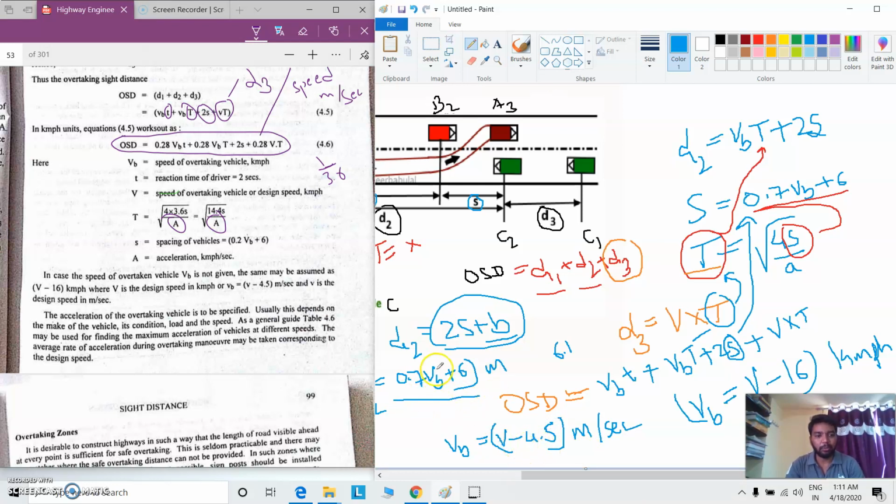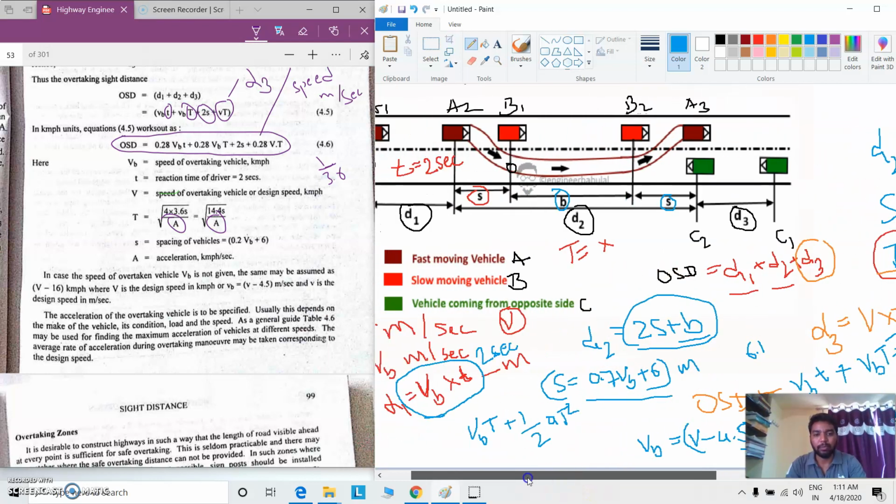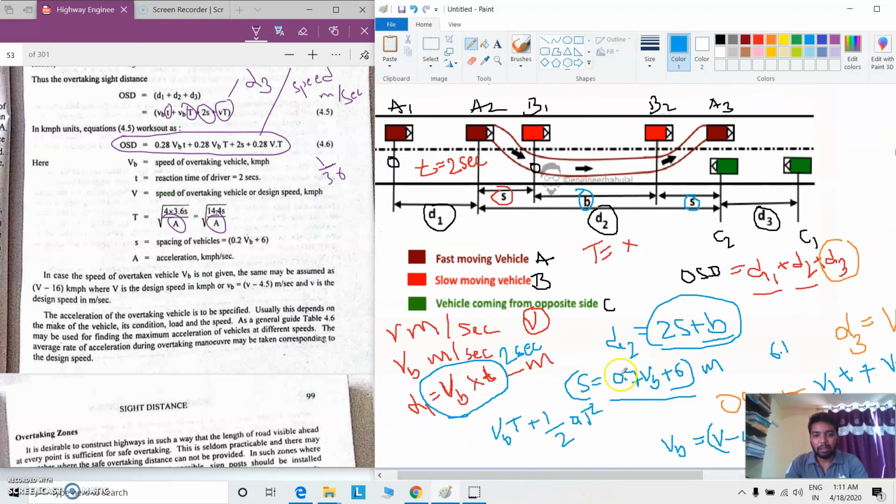This is the most important thing you have to remember in calculating overtaking sight distance. I hope you have all come to know how the distances d1, d2, d3 are calculated, and what the factors are affecting the situation, and how they are considered in calculating the distance, right.